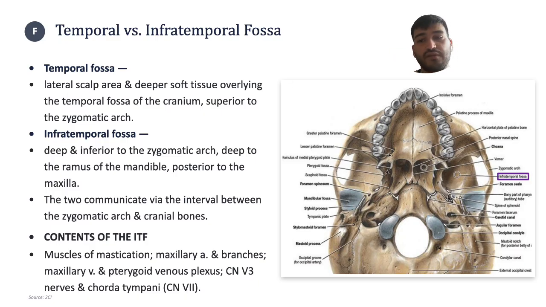So we know temporalis, masseter, lateral pterygoid, medial pterygoid, all the fun stuff. Then we have the maxillary artery, some branches of the maxillary vein, pterygoid venous plexus, CN V3, and chorda tympani from facial.